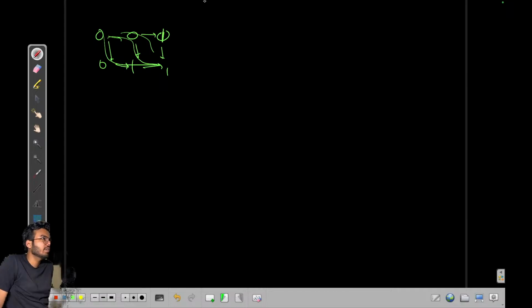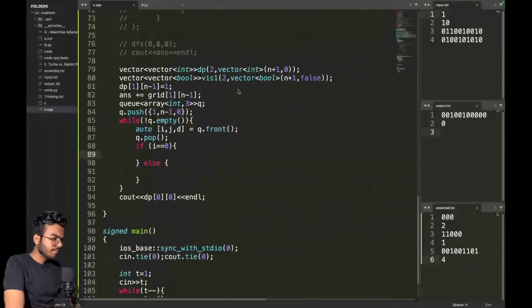Then I should select the one with a 0 in it and then discard all of them. Yeah, should I do that? I can't even think right now.